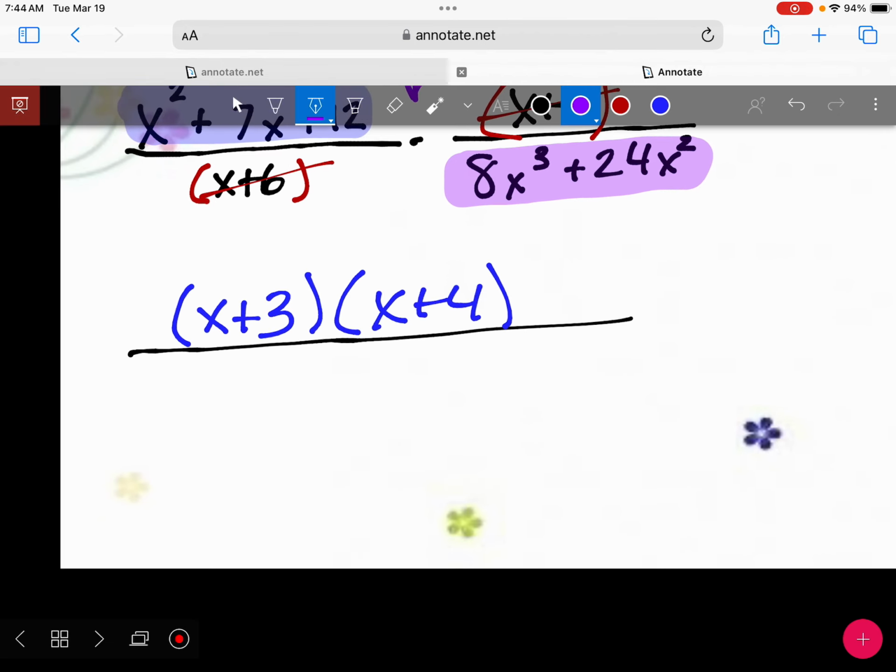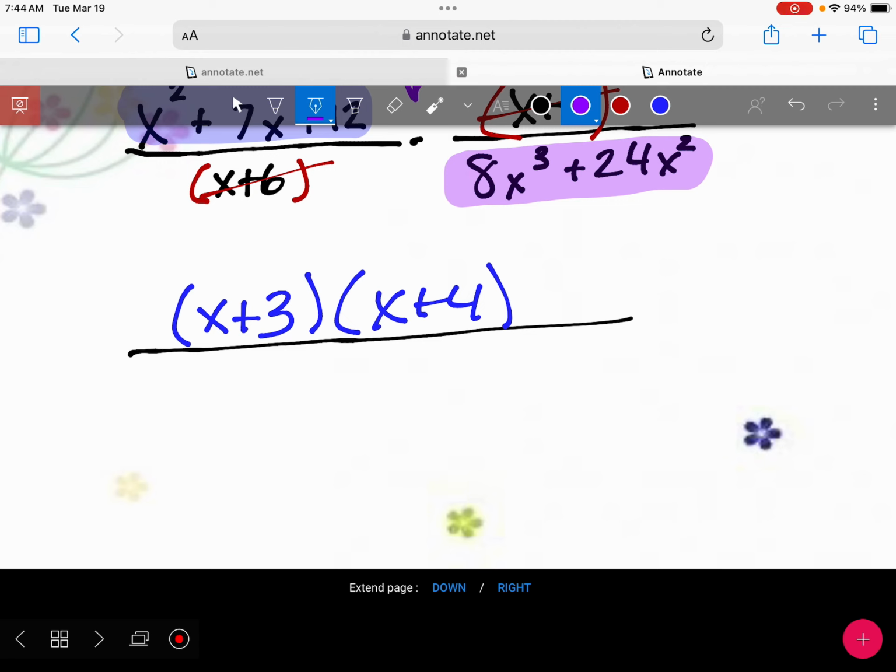So they have a GCF here of 8, as well as what else? What else do they both have? X's. How many x's can I take out of both of them? 2. I can take out an 8x squared. And that's going to leave me with x plus what? What is 24 divided by 8? 3.